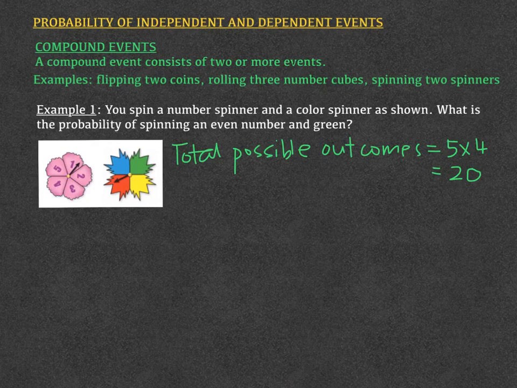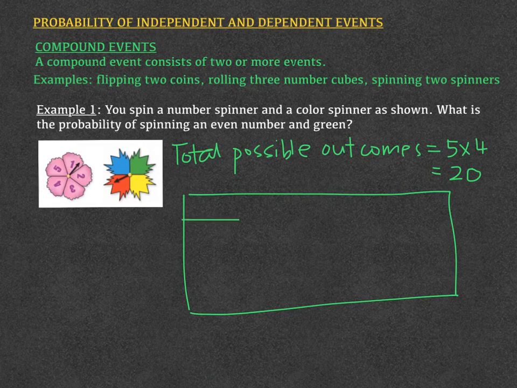We can use a table to find the sample space, which is the set of all possible outcomes. In this example, using a table allows us to list the possible outcomes efficiently. I will first draw a table and divide it into 6 columns.